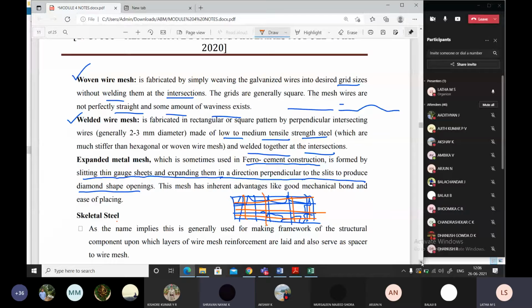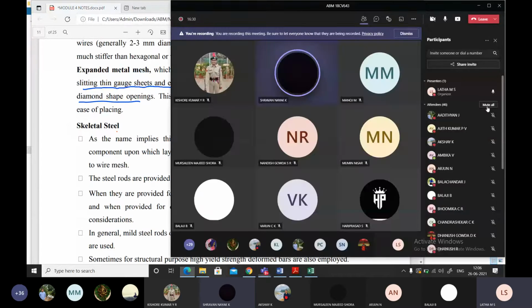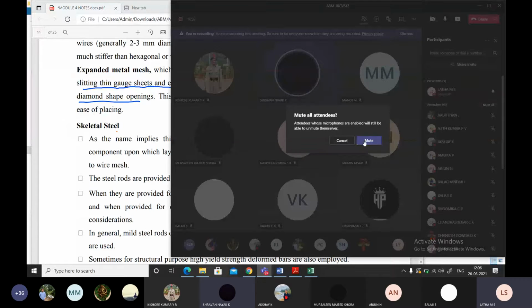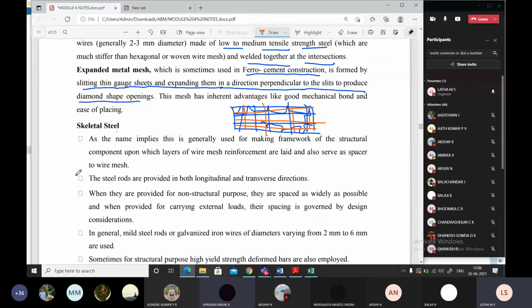Similarly, you find the skeletal steel. Skeletal steel is very important because it forms the whole skeleton of the ferrocement, isn't it? So this steel has to be carefully determined before you take up the ferrocement construction.